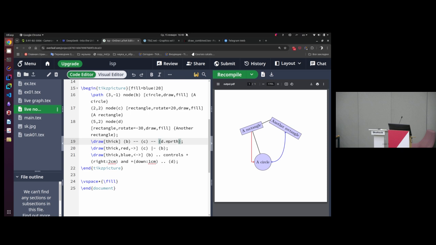So D is another rectangle, and now the line will be very ugly. Will it work? Yes, so now this second line goes to the north, to the upper part of the rectangle. It goes through the node, not very beautiful.